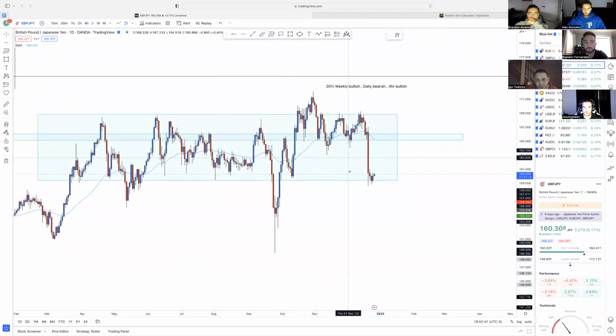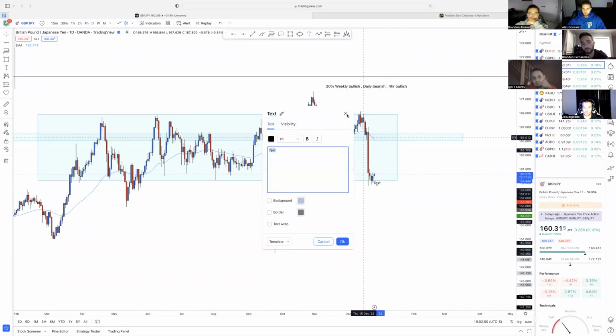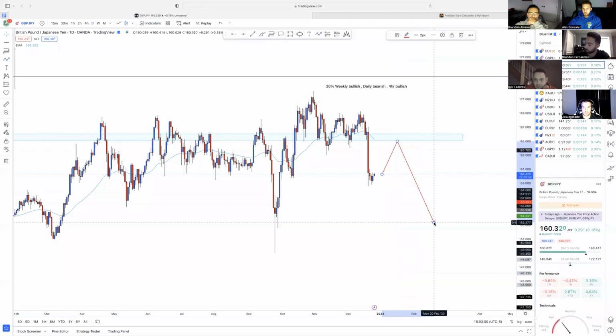First area of interest we could mark off would maybe be somewhere in here. But for such a big move like this, I expect an even bigger retracement to then have the bigger move to the downside. So for me, GBP JPY, I'm only looking to sell once it comes back into this area.